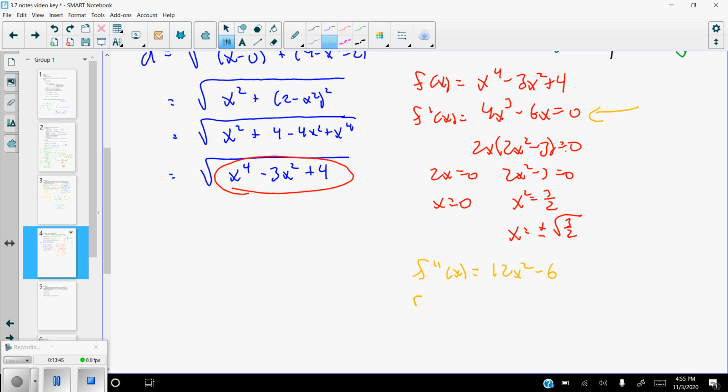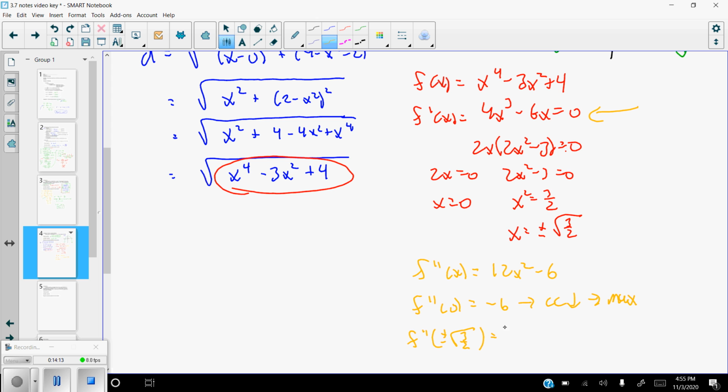So let's test them. If I plug in my first critical value, which is 0, I'm going to end up with negative 6. Well, that's a negative value, which means that it's concave down there, which means that that is a maximum. I'm not looking for a maximum, I'm looking for a minimum. So let's evaluate the second derivative at the square root of 3 halves. It's not going to matter if I plug in the plus or the minus since I'm squaring it.